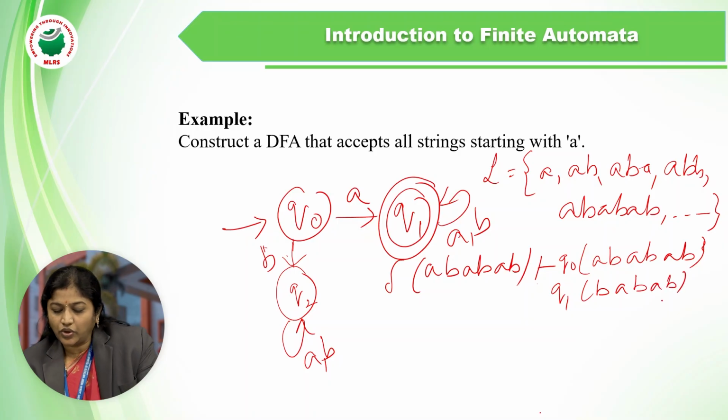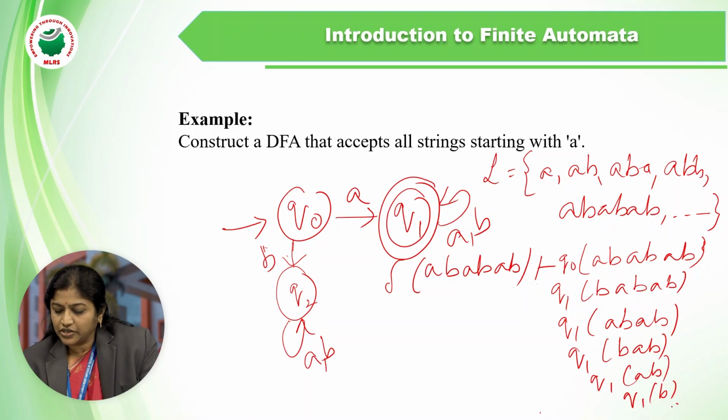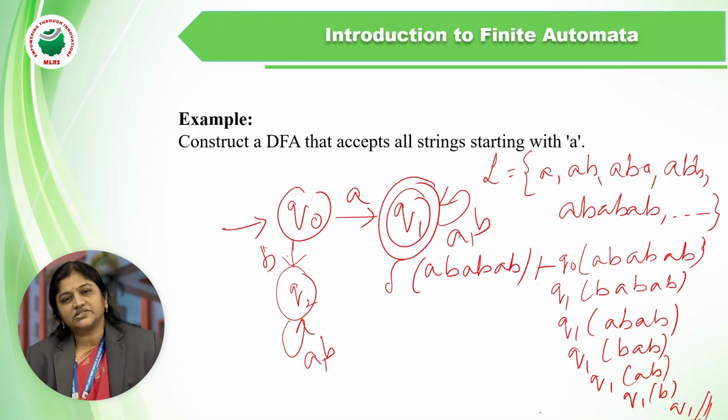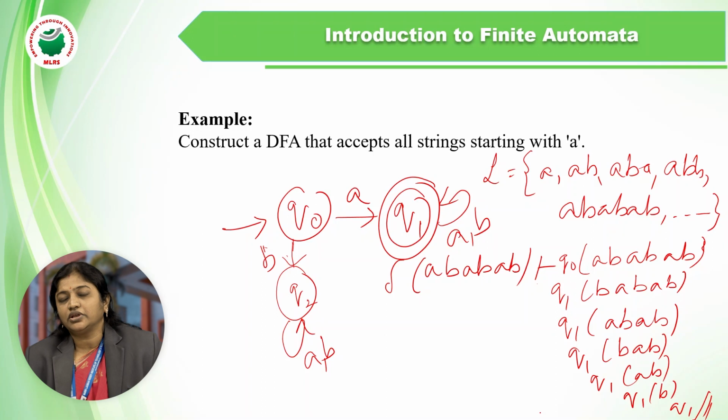Next, Q1 on B is Q1. Q1 on A, Q1. Q1 on B, Q1. Q1 on A, Q1. Q1 on B, Q1. So this is the final state, right? So this is how we need to draw the transition diagram for the given condition, and we need to check the acceptance for that particular language or string.